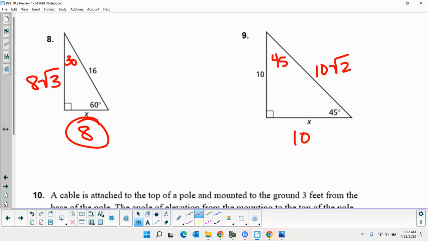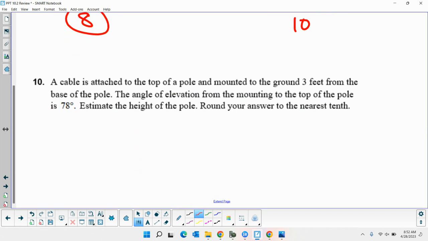Good. Okay. All right. We got a top of a pole. Pole's usually straight up and down, right? Here's the ground. There's a cable attached to it, trying to keep it straight up and down. So the cable is attached to the top of the pole and mounted to the ground 3 feet from the base of the pole.